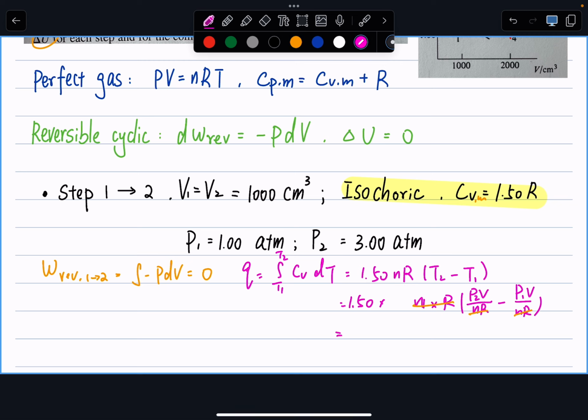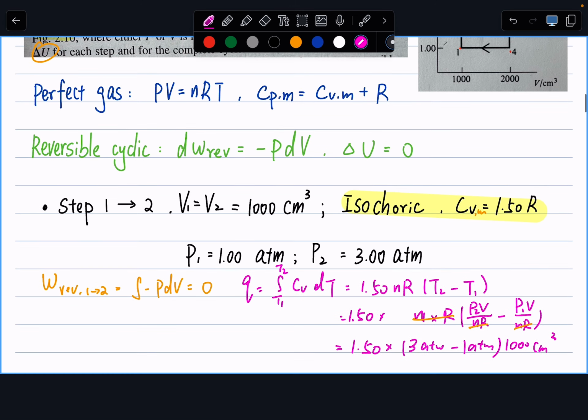My volume is a constant, so we end up getting 1.50 times 3 atm minus 1 atm times 1,000 cubic centimeter. You can get a numeric answer by doing this calculation, and it's the same for the rest of it. My delta U obviously equals W plus Q, and in this case, it just equals my Q1.